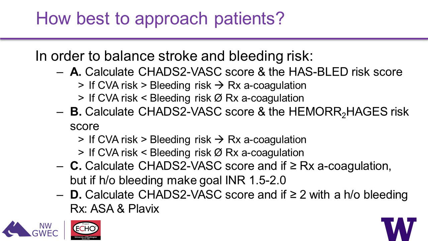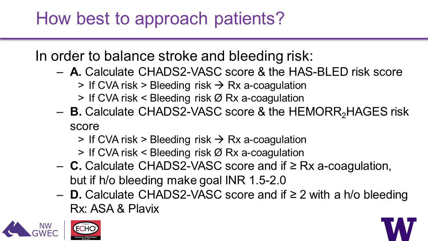If the stroke risk is less than the bleeding risk, you should not prescribe anticoagulation. Second choice is similar with the CHADS-2 VASc score, but in this case the HEMORR2HAGES risk score, which is a little bit more cumbersome but does encompass more risk factors in their analysis and in their schema.